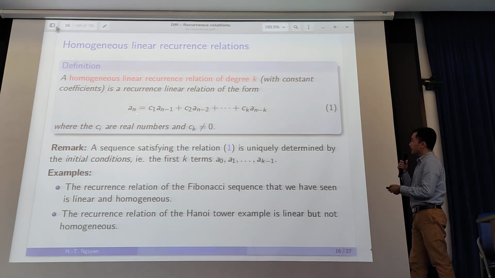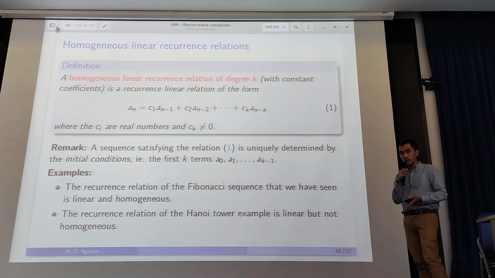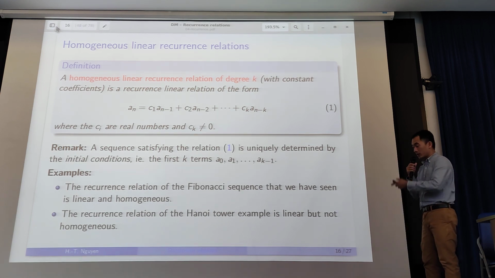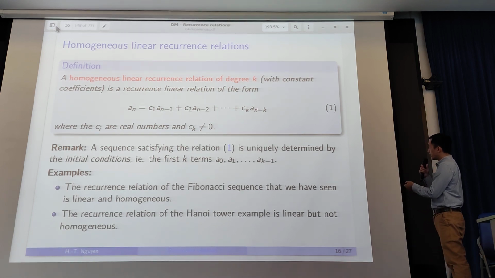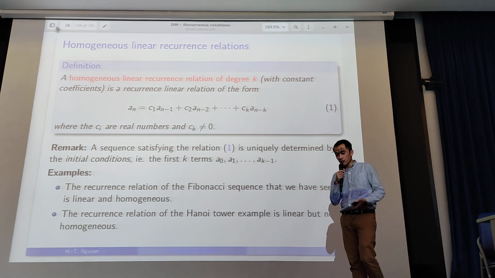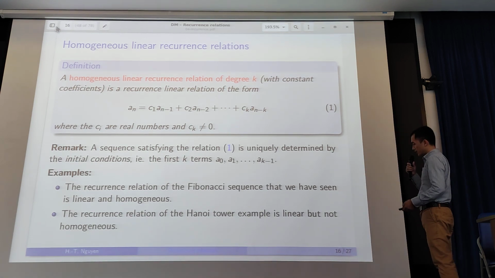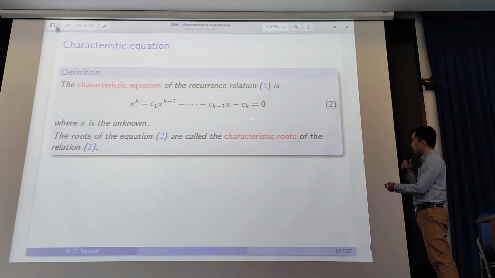Here you replace an with x to the power k, and an minus 1 with x to the power k minus 1, and so on, okay? So when you go back until an minus k, it will correspond to x to the power 0, which is 1. And then you change the sign, you put everything on the left hand side, and you get this one, okay?